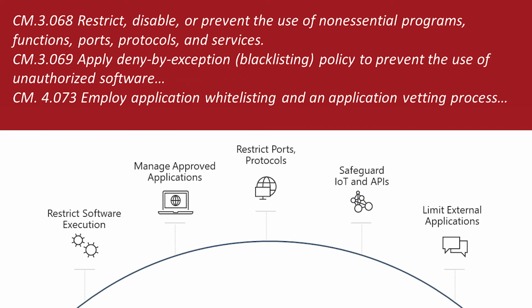A couple of these I did call out here. We're not doing all of the CM practices, but let me talk about this first one. First, it says restrict, disable, or prevent the use of non-essential programs, function ports, protocols, and services. It's interesting they call this out here again. It talks about it in other practice areas, but they really want us to shut down everything on devices we don't use.